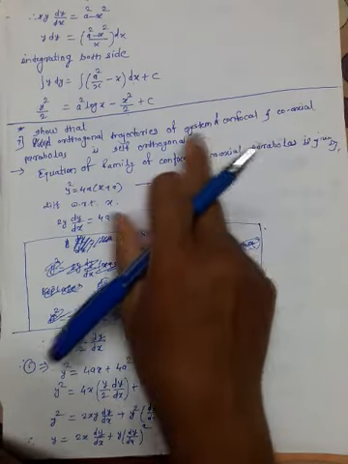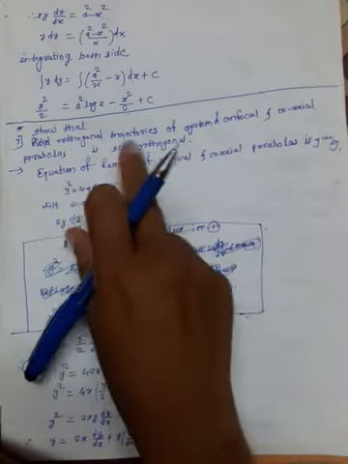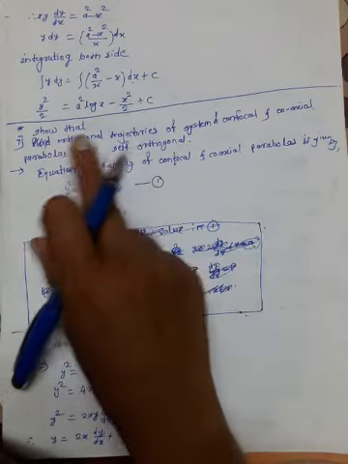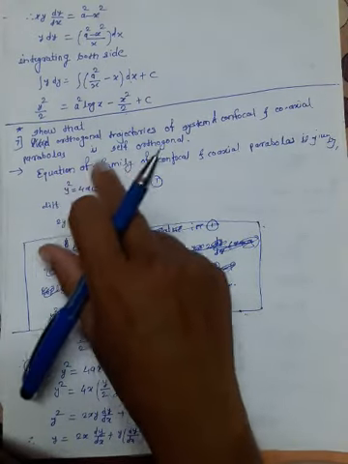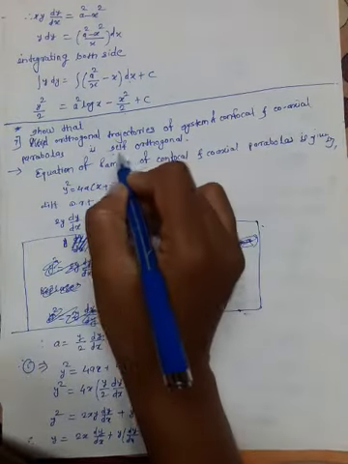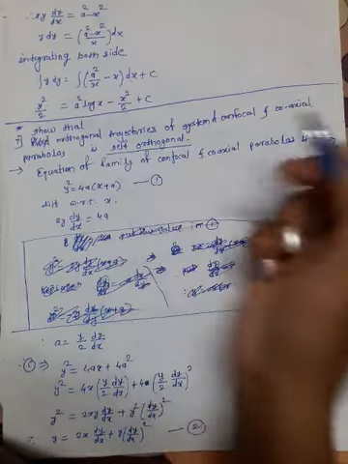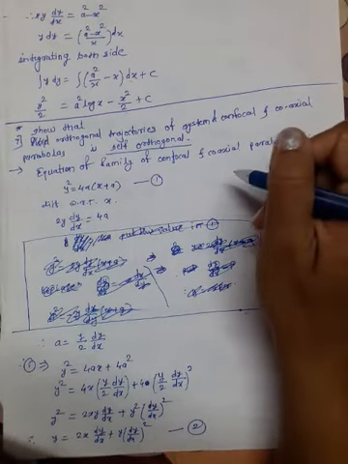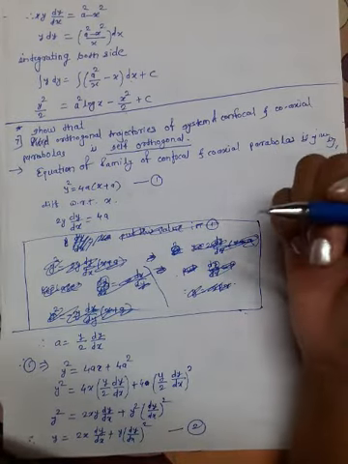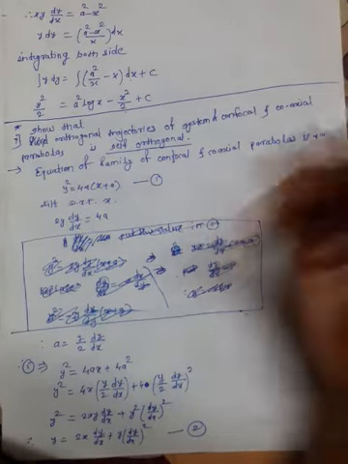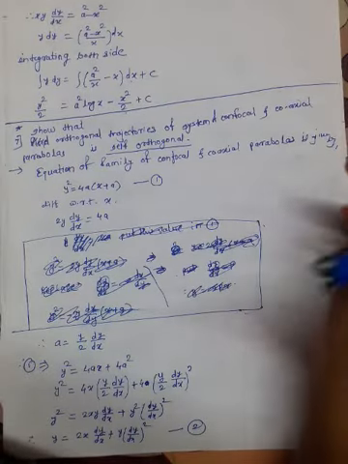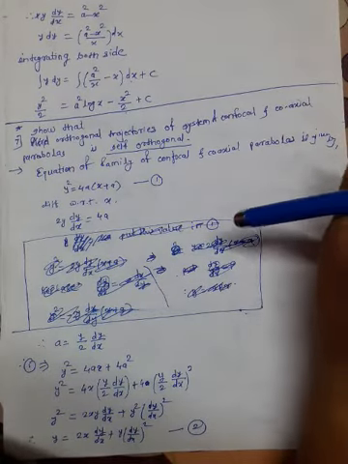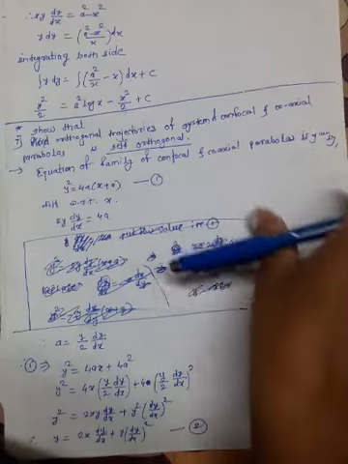Okay, and after finding its orthogonal trajectories, we have to show that the orthogonal trajectories of this system of parabolas are self-orthogonal. What do we mean by self-orthogonal? It means that after differentiating the given equation and after finding the final equation of orthogonal trajectories, those equations should be the same. That means it is self-orthogonal.